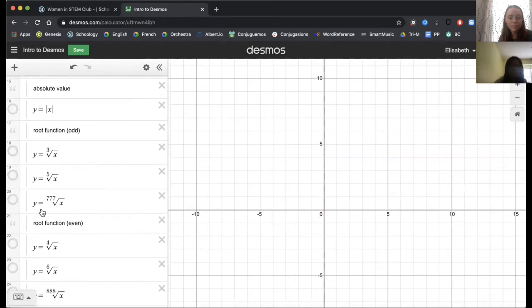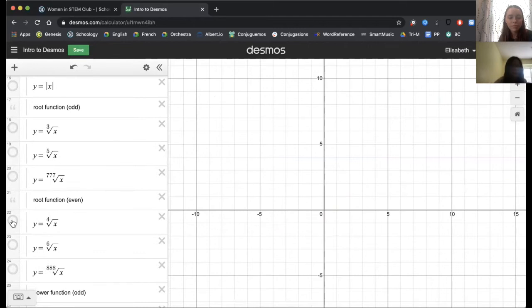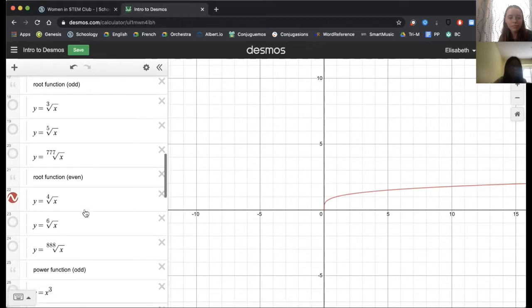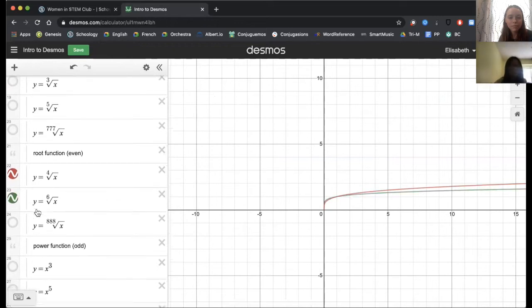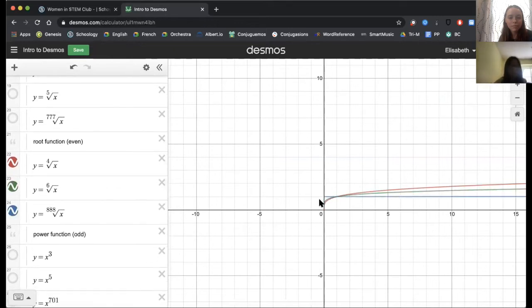However, if you have it with an even number here, then it looks quite different. It actually looks more like this. The domain won't go below 0 because you can't take the even root of a negative number. And like so, as that number keeps increasing, you have this kind of like right angle, more straightish line here.